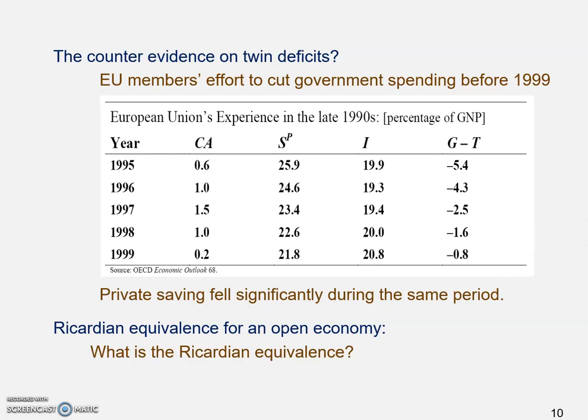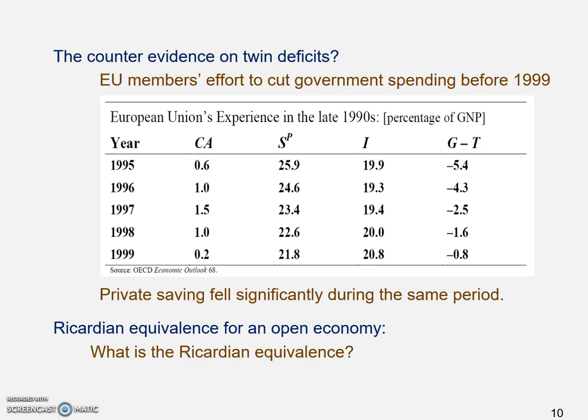So in this case, the governments in the member economies were committed to reducing their budget deficit. Ricardian equivalence would say that the private sector, specifically the households, would expect that because the government budget deficit declines, in the future they probably could pay less taxes.